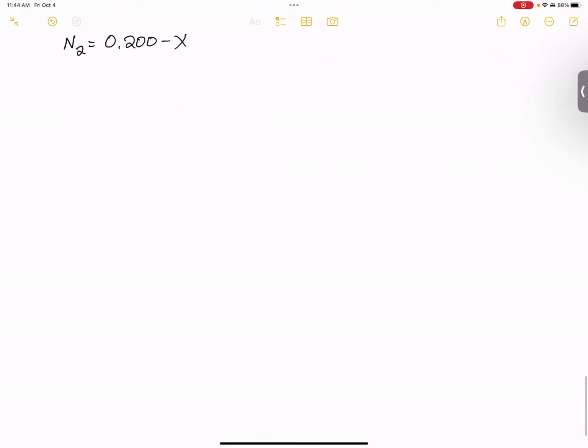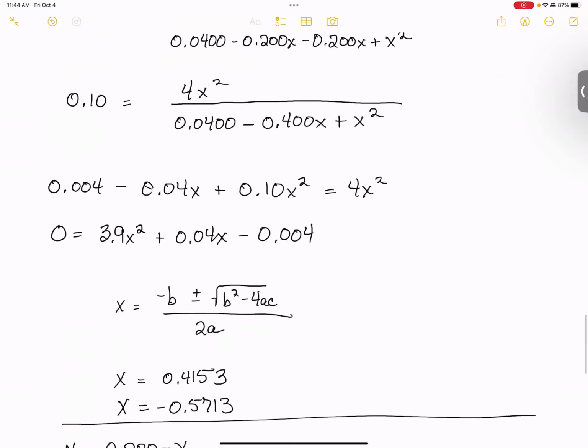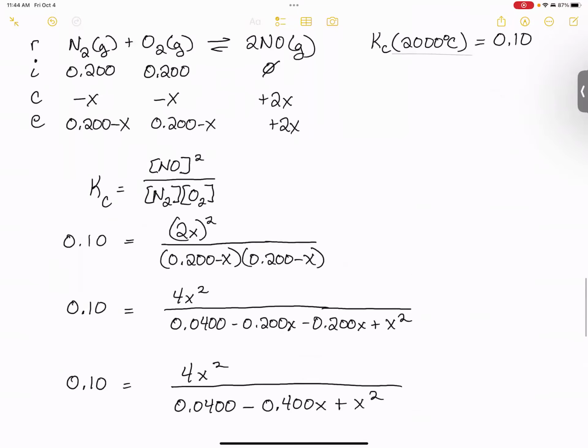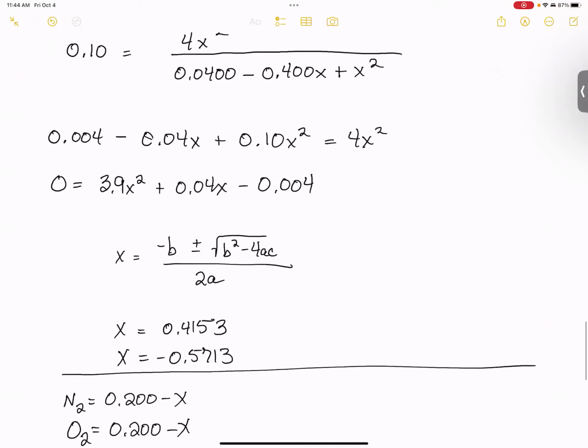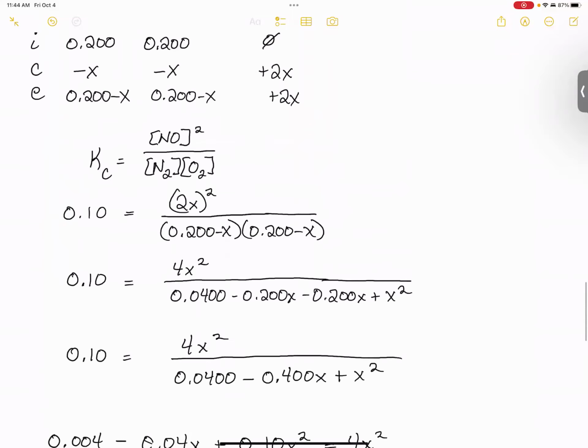We had our O2, which was equal to 0.200 minus x. And we had our NO, I'm sorry, our NO, which was 0 plus 2x.